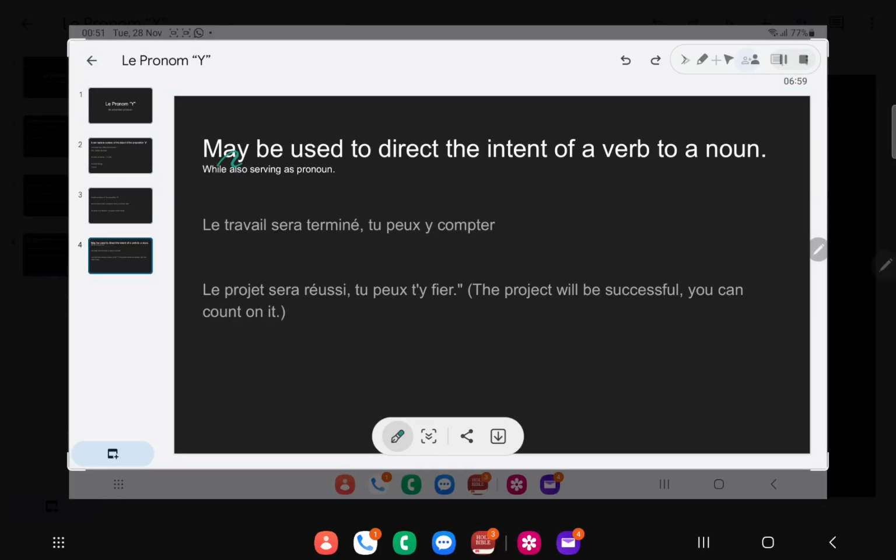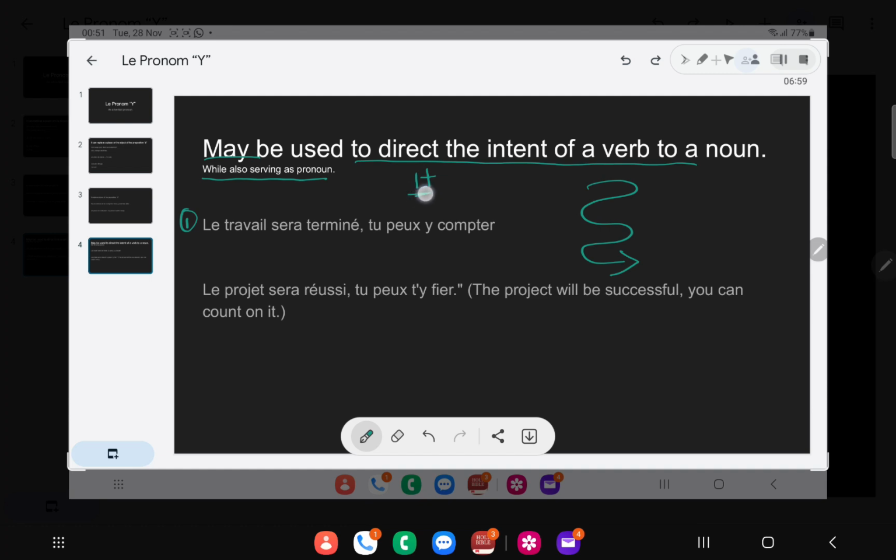The pronoun Y may be used to direct the intent of a verb to a noun. That is, it can be used to make sure that the intent is pinpointed on the noun. Let's look at some examples. You're going to notice there's an element of "it" in the examples we are going to make.